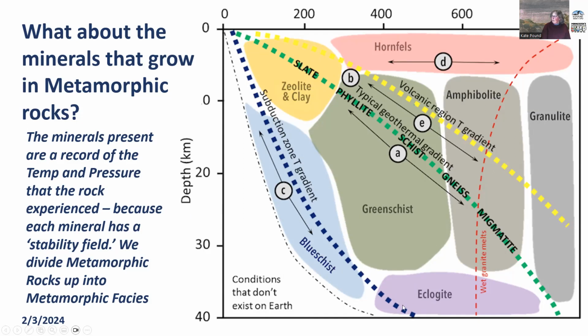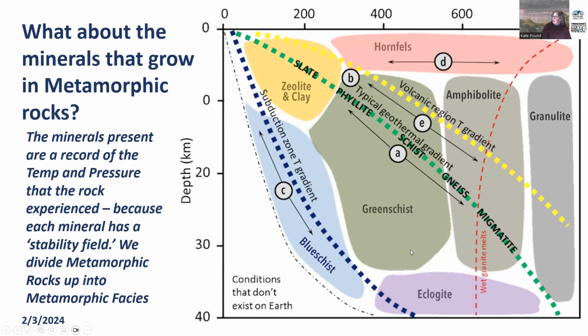Once you get really deep and a lot hotter, we have eclogites. In the middle here, and one of the most common metamorphic facies is green schists. In Minnesota, we have a lot of greenstones, and the definition of that term is a can of worms.